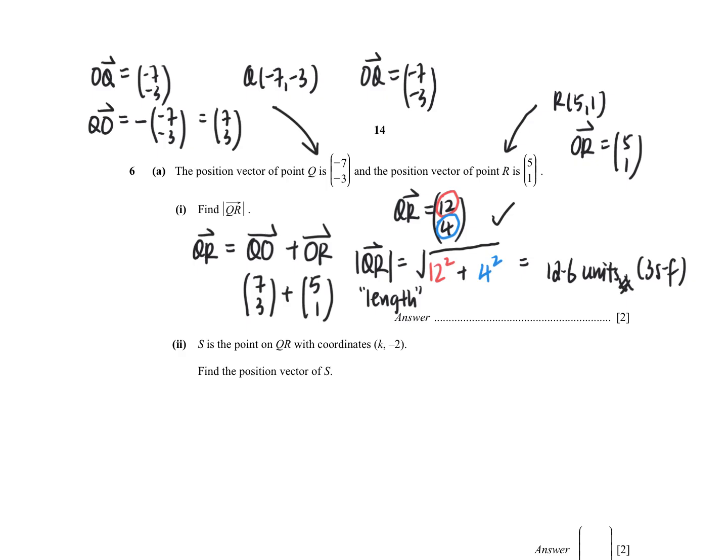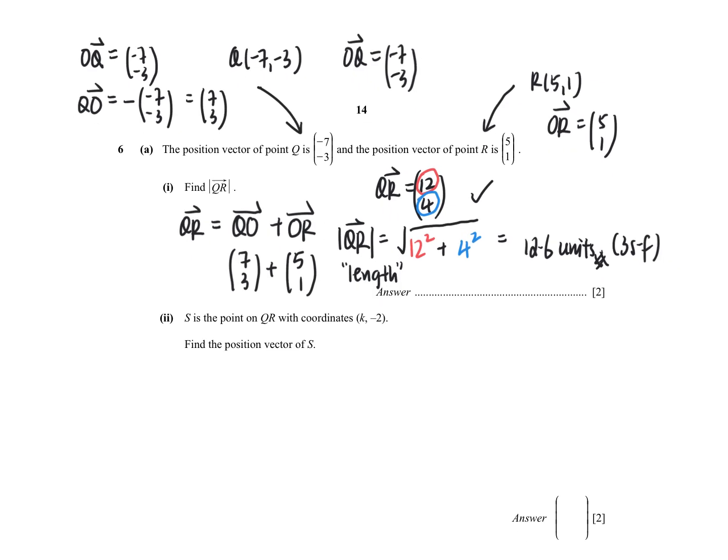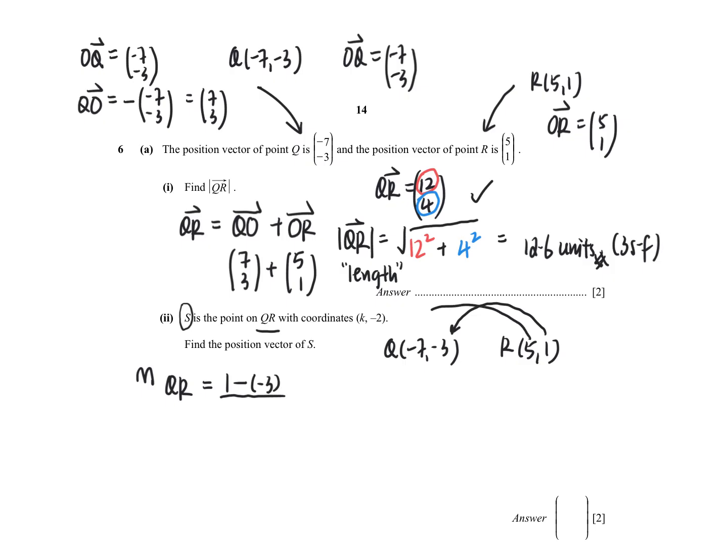Okay, next. They say I have a point S that lies on the equation of QR. So QR, I told you all before, right? You have Q being minus 7, minus 3. You have R being 5, 1. So you can find gradient of QR easily. So y2 minus y1 over x2 minus x1.